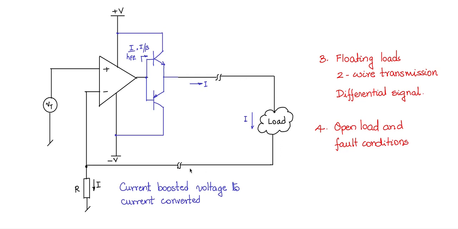Under fault conditions also, let's say that the transistor is damaged, or the op-amp is damaged, there is no flow of the current, but the input transducer is working properly. Even then current I can be 0. Now this is a distinction that one has to make. When the current I is 0, the remote end does not know.